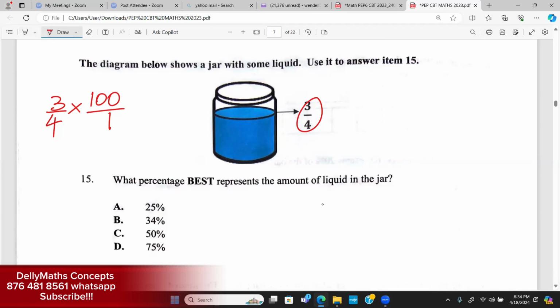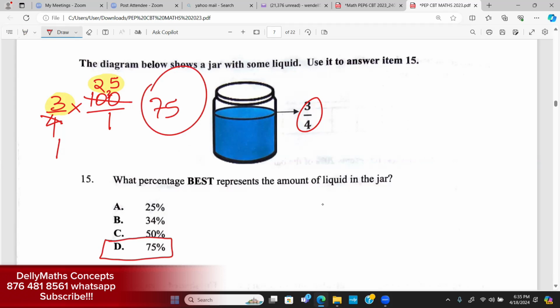From here, you can say, well, 4 into itself is 1. 4 into 10 is going to give you 2, remainder 2. 4 into 20 is going to give you 5. So basically, we're saying 4 into 100 is 25. So if you multiply 3 times 25, that is going to give you 75%. All right. So we're saying that that is 75%.